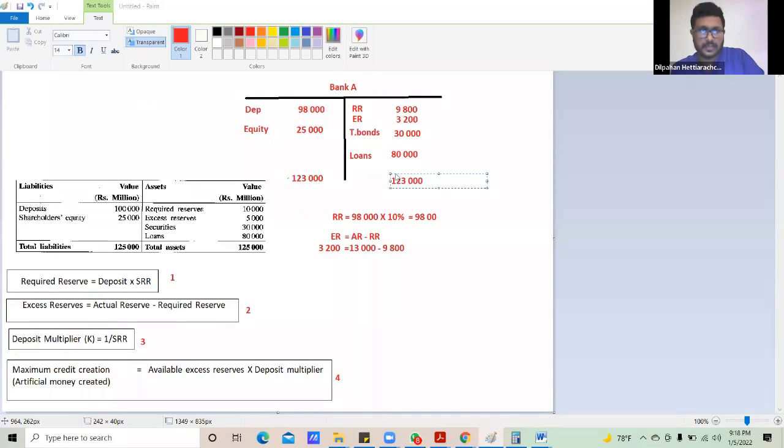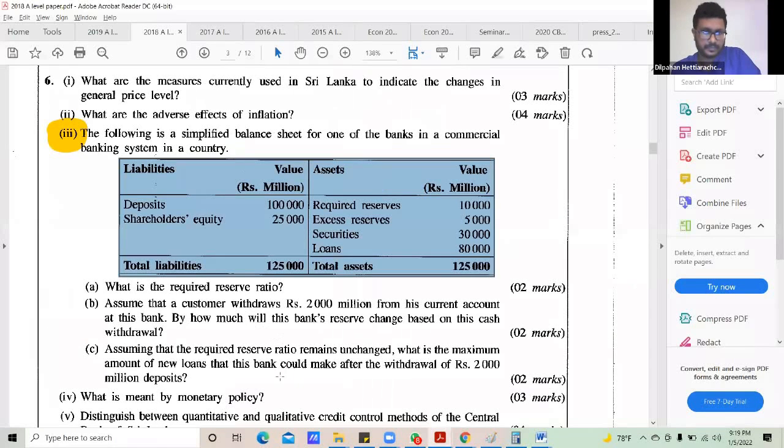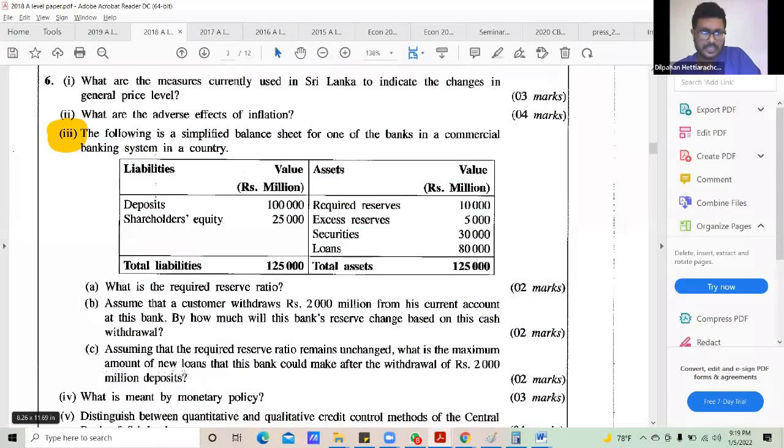Yes. So this question, C, what's the question? What is the amount of new loans that this bank could make? I told you that is excess reserves. So they're asking about the excess reserves. So how much is the excess reserve now? 3,200. Are we clear? Yes. Okay.